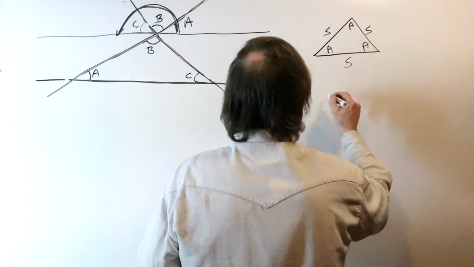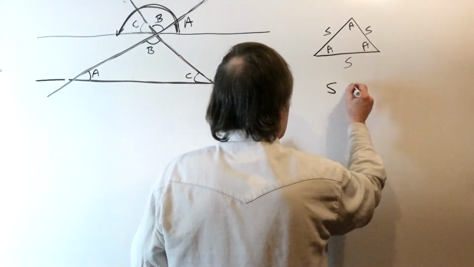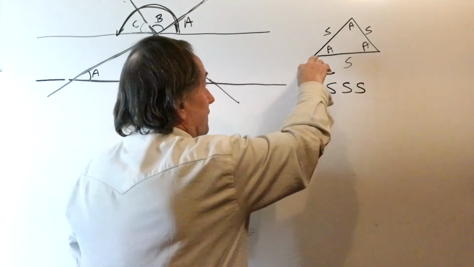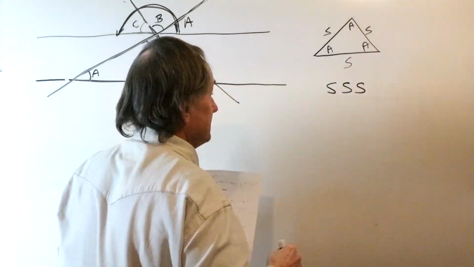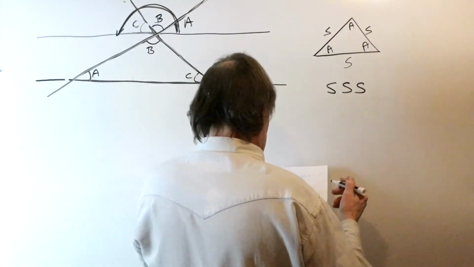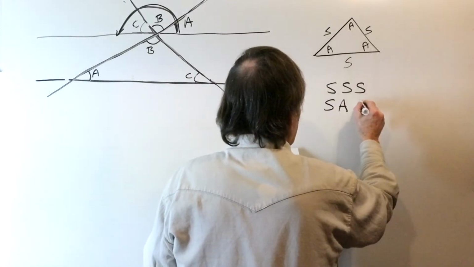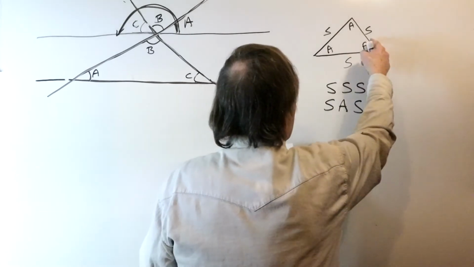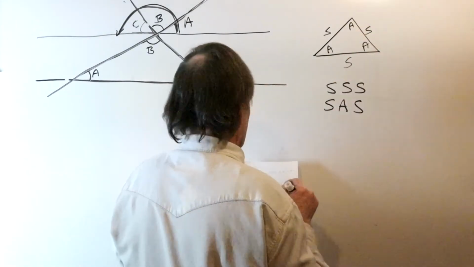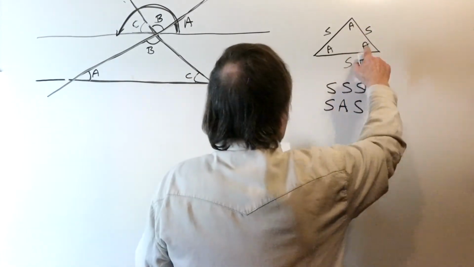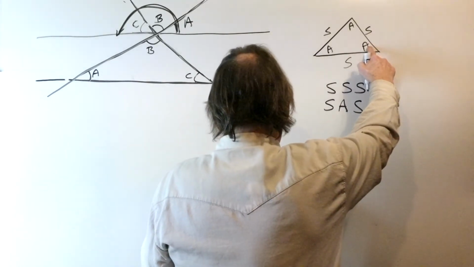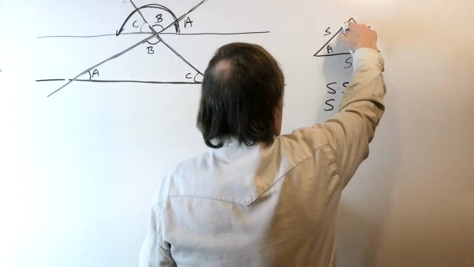That is, we could specify side, side, side. That is, if we specify the lengths of three sides, we could establish congruency. Or if we have a side, the included angle, and another side, or if we have an angle, and then a side, and then another angle.